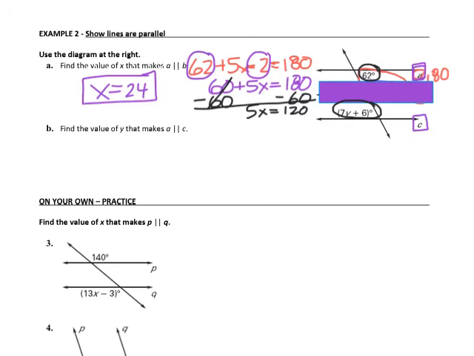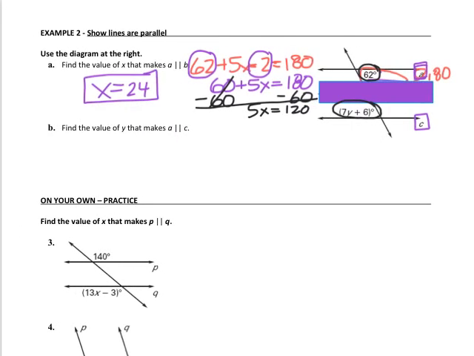And we need to find the value of y that makes those two angles congruent so that the two lines A and C are parallel. Remember, if the two angles are congruent, then the lines are parallel. So I'm going to set up an equation: 62 equals 7y plus 6, because these two angles are alternate interior.